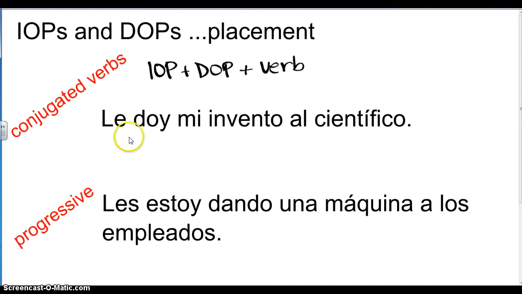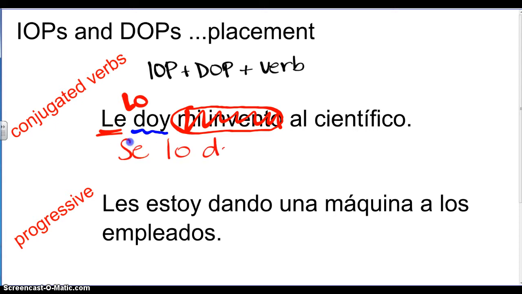My verb is doy. What do I give? My invention. Who do I give it to? Al científico, and that's why I have a le. So I'm replacing this with a lo. I can't say le lo, so my new sentence becomes se lo doy al científico. And that is the only way I can write that sentence.